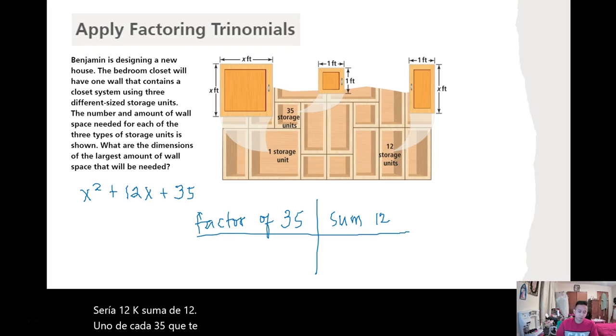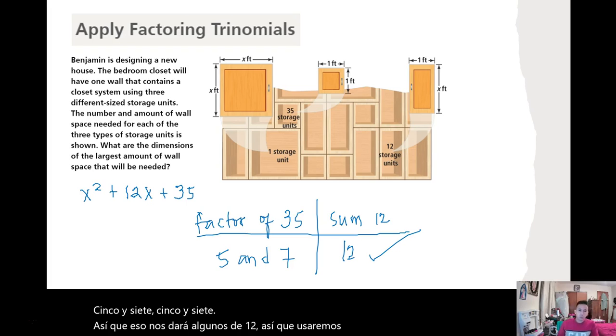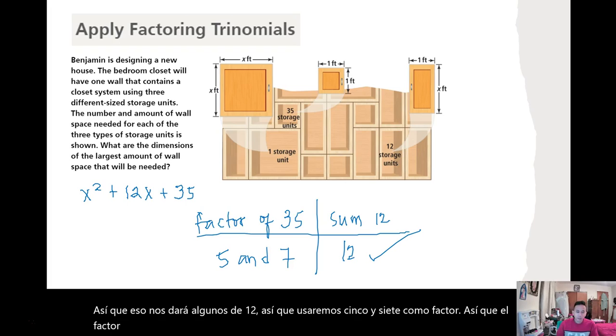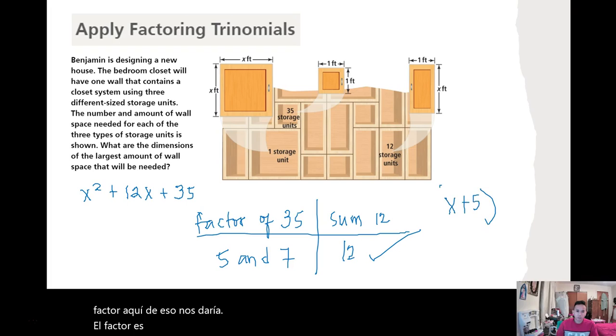No. 5 and 7. So that will give us a sum of 12. So we'll be using 5 and 7 as the factors. So the factored form is x plus 5 times x plus 7.